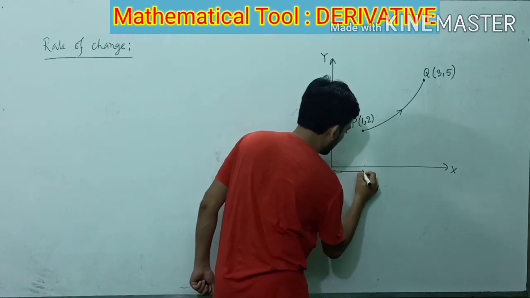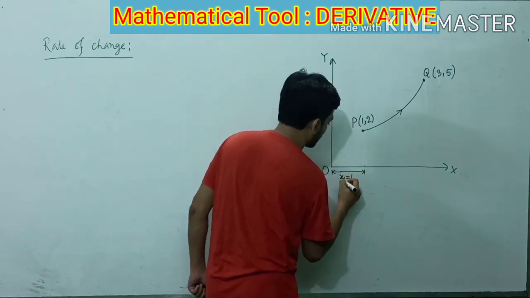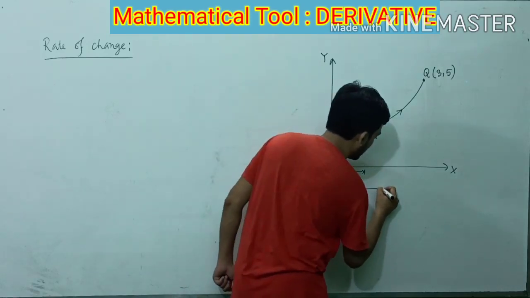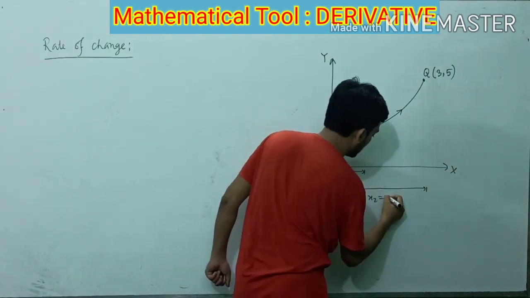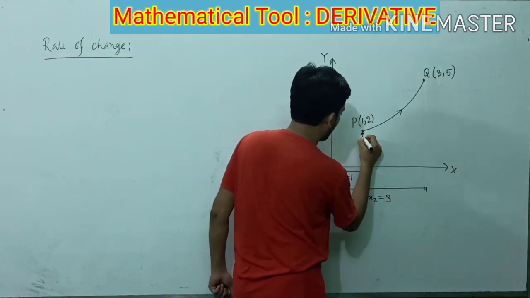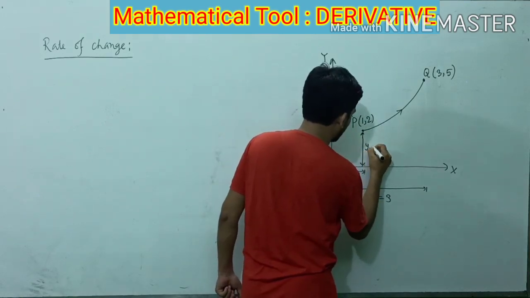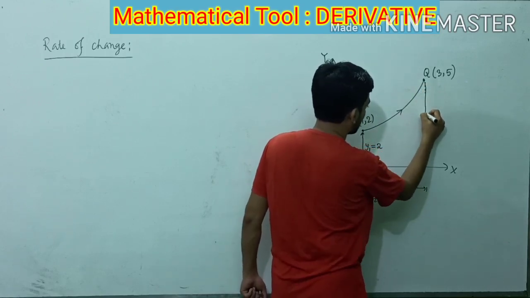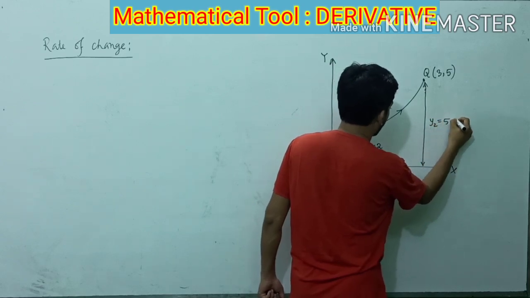Here x coordinate of the particle at point P will be x1 equal to 1, and that for point Q will be x2 is equal to 3. Y coordinate of the particle at point P is given by y1 is equal to 2, and that at point Q is y2 is equal to 5.